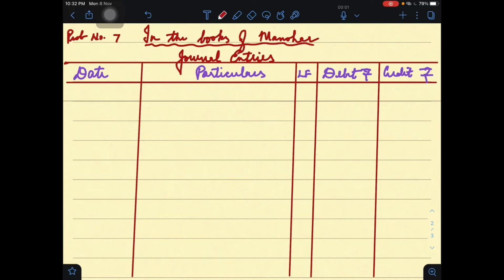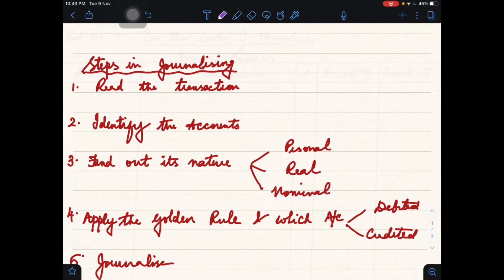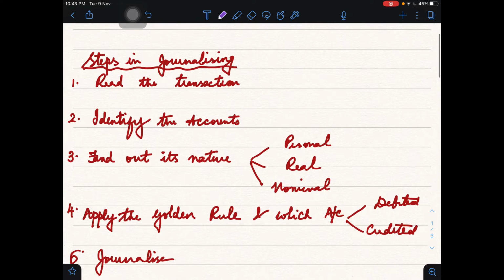In our previous videos we have discussed how we classify the accounts as personal, real and nominal, and also the golden rules. Let us discuss the steps in journalizing. First you will read the transaction and identify the accounts involved in it.